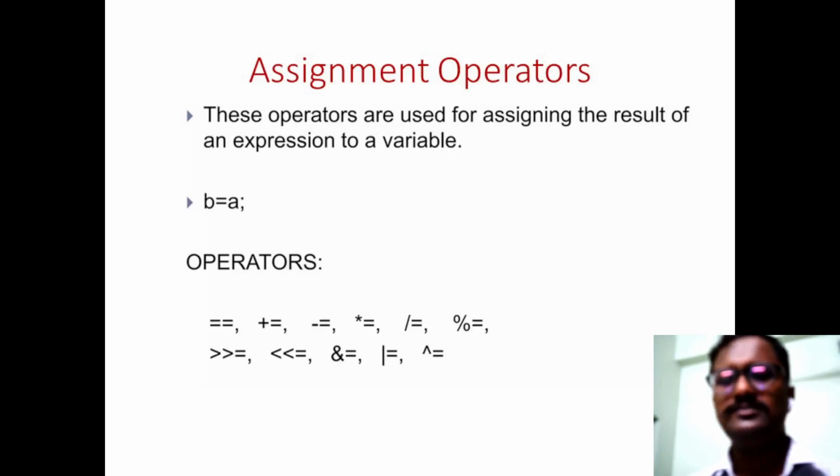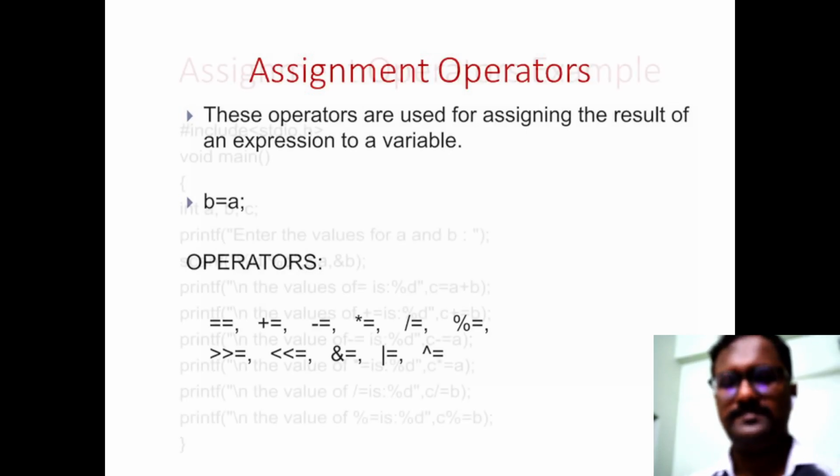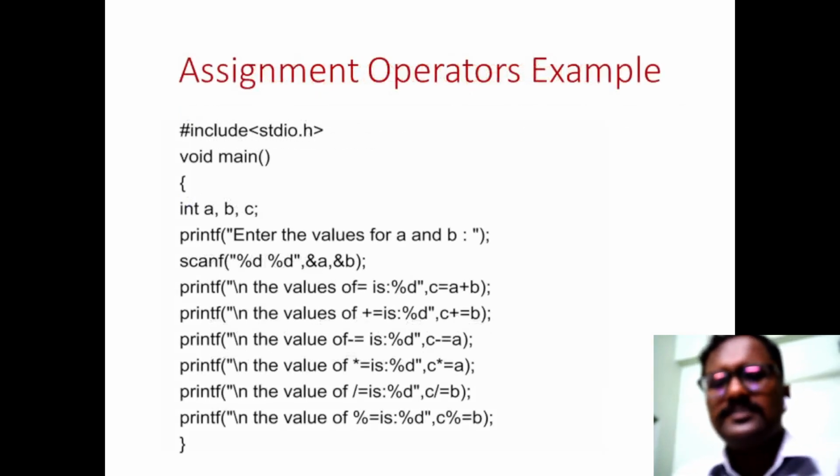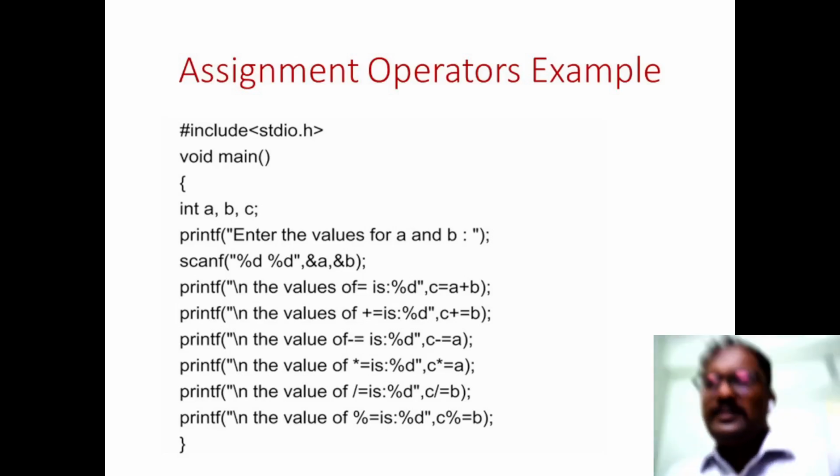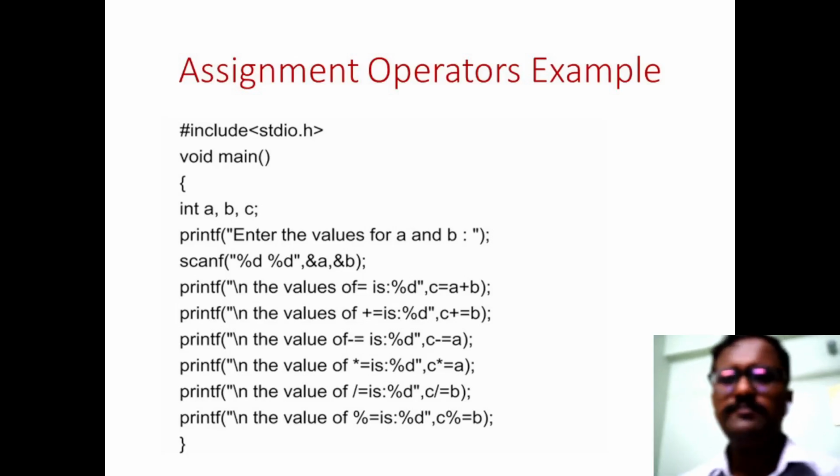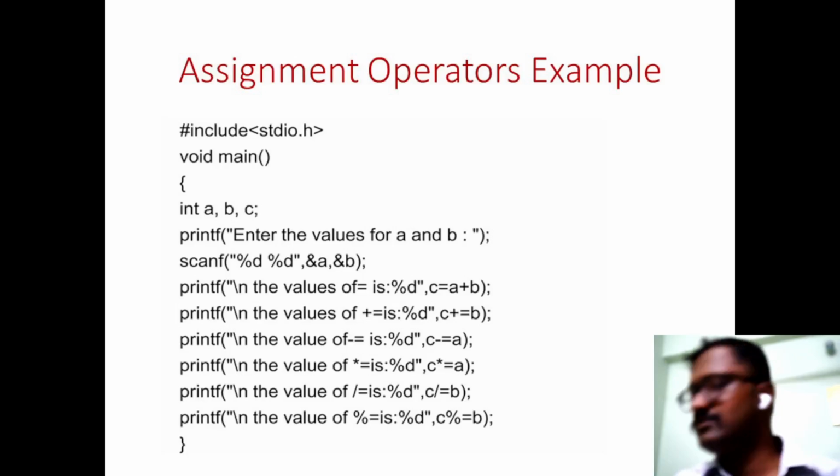Okay, we can see a sample program. We are going to see it step by step. Here, first two lines, you know what they are and what they are used for, the main function, and the other fields.